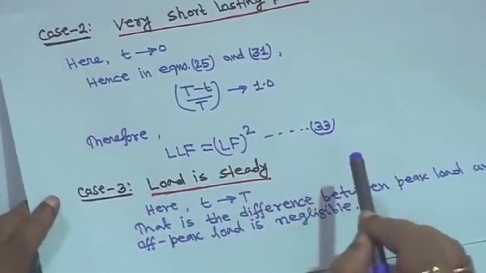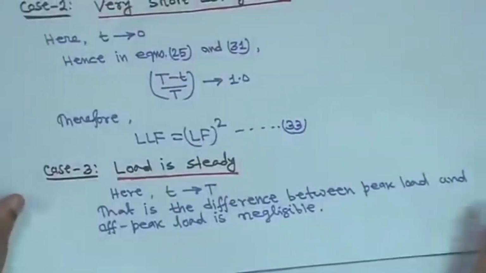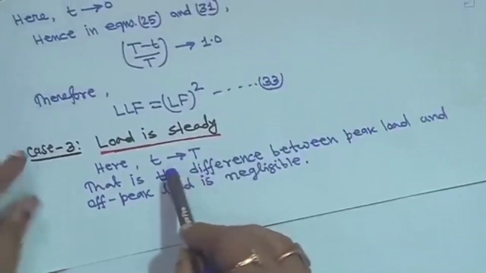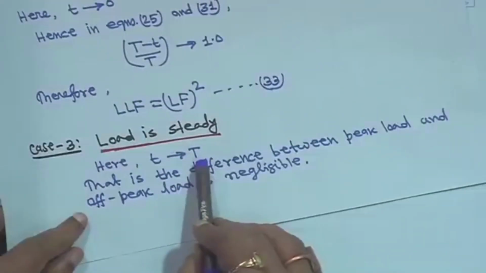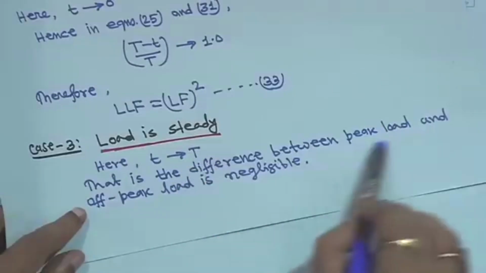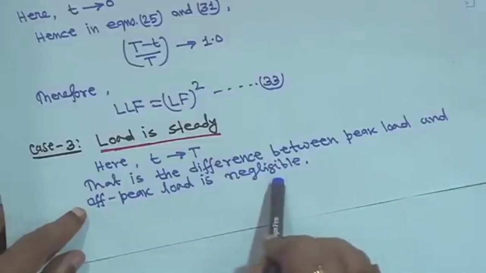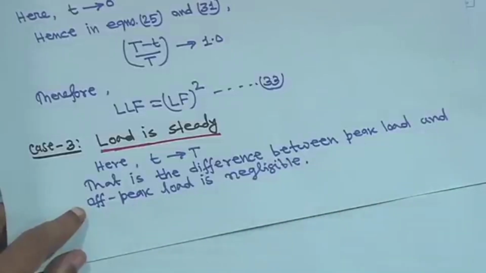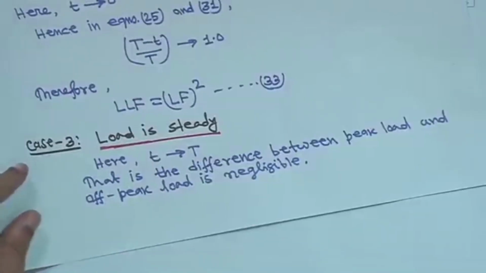This is equation 33. Now, another condition is when load is steady, that is here t tends to T, constant. Load is steady, that is the difference between peak and off peak load is negligible, almost constant. In that case, from equation 25 you will get loss factor is equal to load factor.